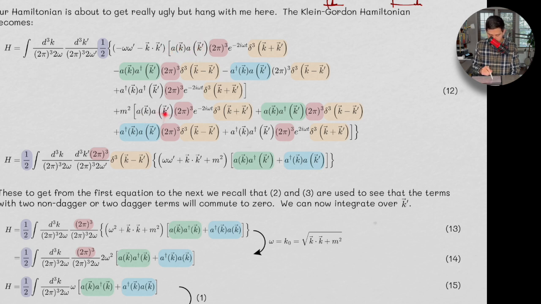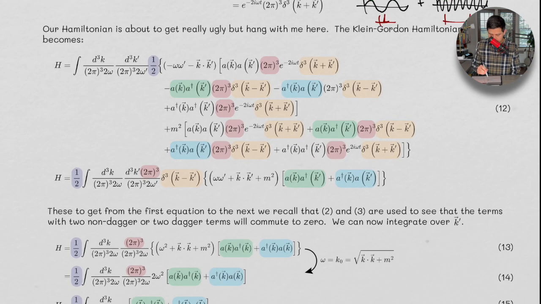So a_k prime, okay. And then we have a dagger. So if you stare at this long enough, you could see how this is all going to collapse to this right here. This is not a commutation relationship, right? This is just this times this times this, okay?